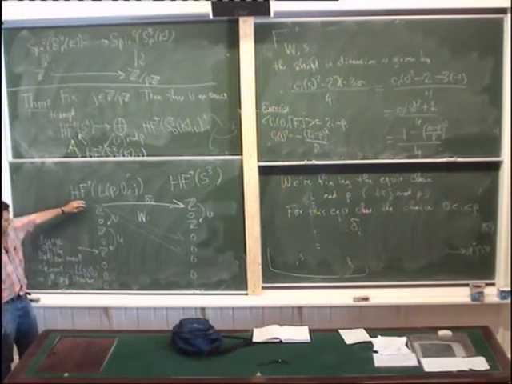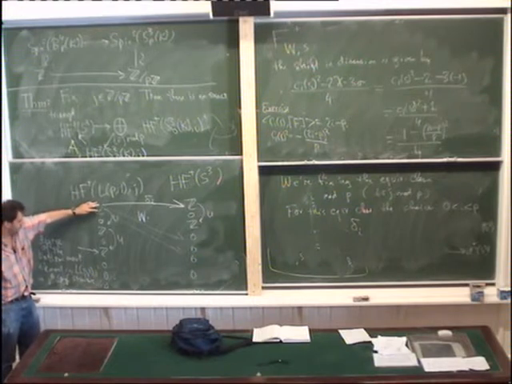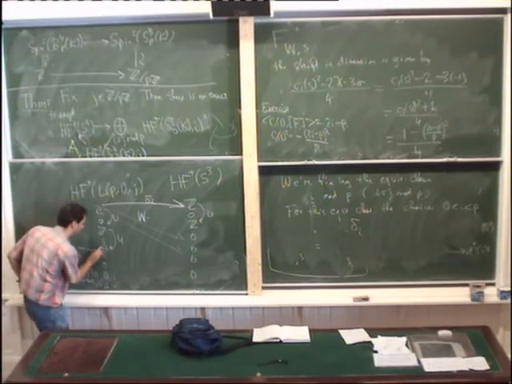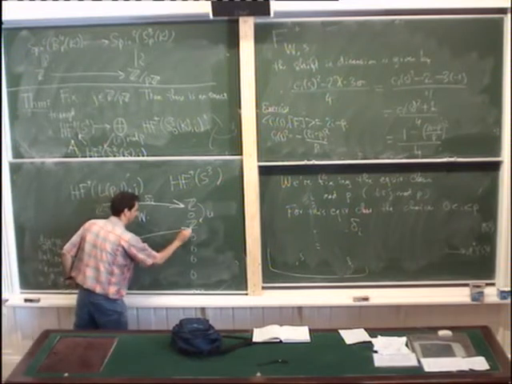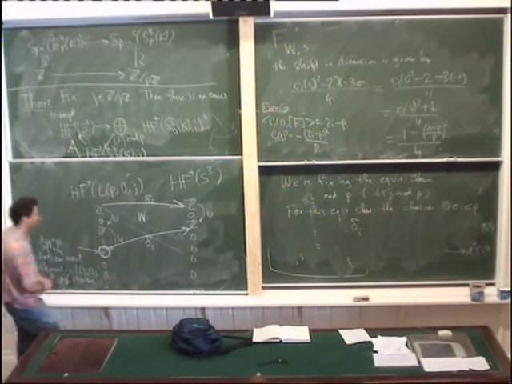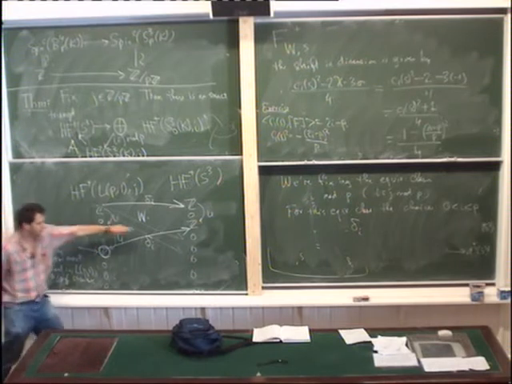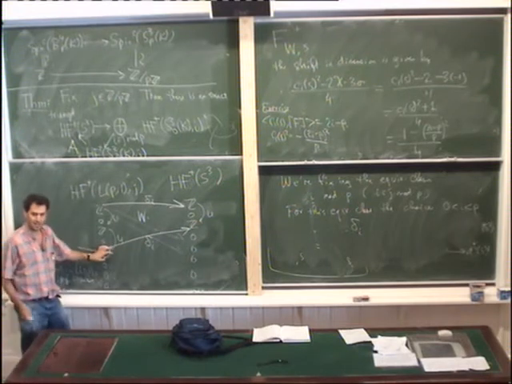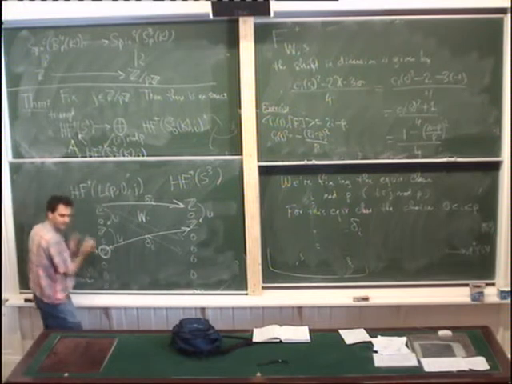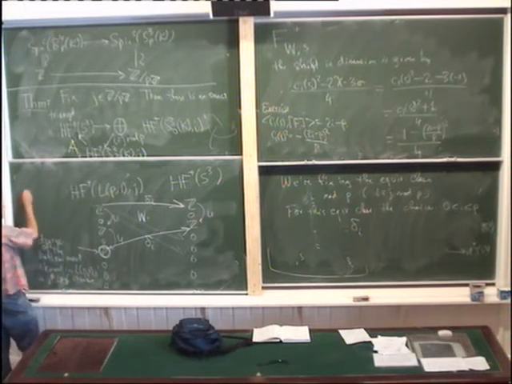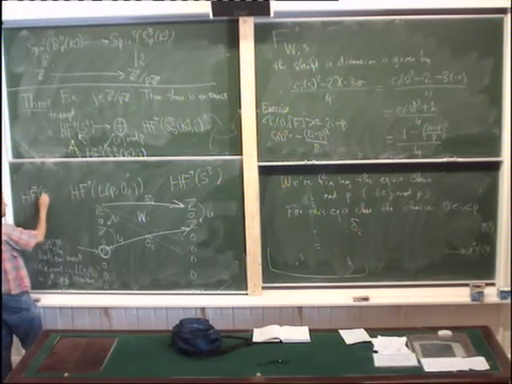So that means that the bottommost generator over here must be mapped to the bottommost generator over here. Because if it were mapped any further down, this element would be in the kernel of this map, and we'd have some Floer homology class in HF plus of the zero surgery of the unknot.